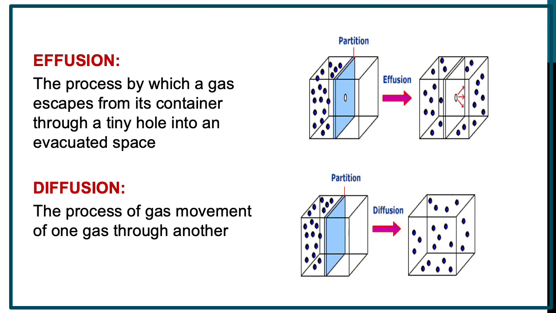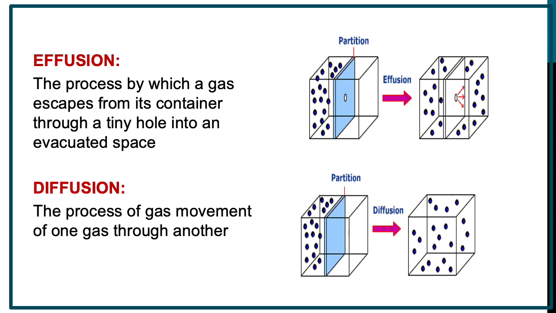So this is an example of effusion. For example, we have a gas inside the container at the left side here. It escapes from the tiny hole to the evacuated space, to this space. So the gas escapes only through the tiny hole.